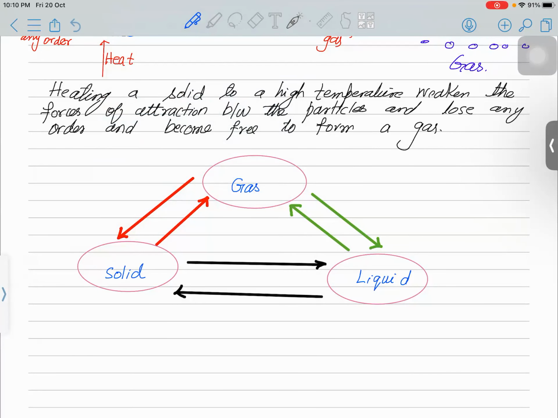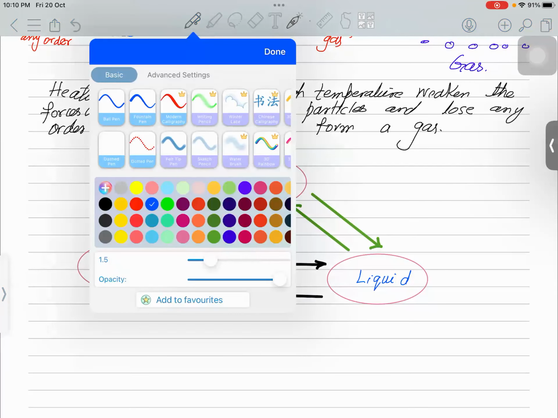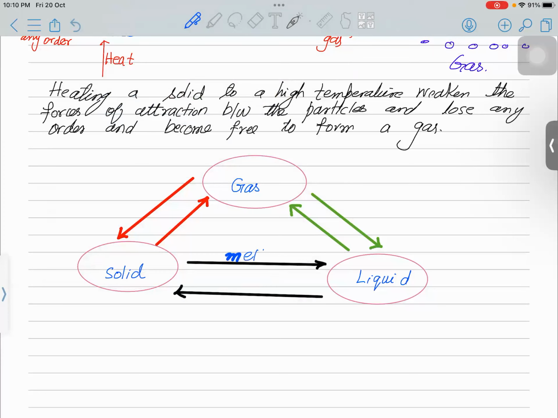So solid to liquid is called melting. And liquid to gas is called evaporation.